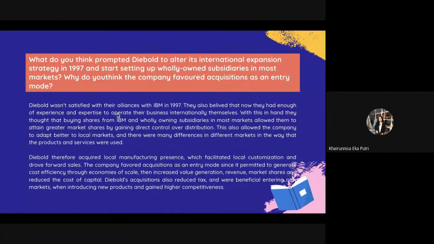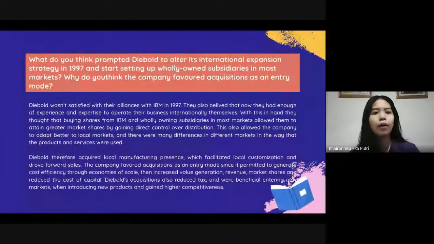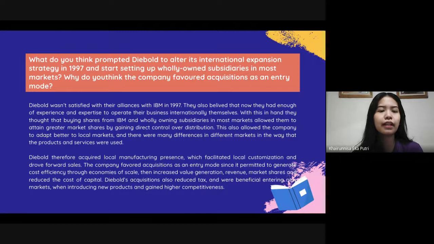Next, what do you think prompted Diebold to alter its international expansion strategy in 1997 and start setting up wholly owned subsidiaries in most markets? Why do you think the company favored acquisition as an entry mode? They weren't satisfied with their alliance with IBM in 1997.